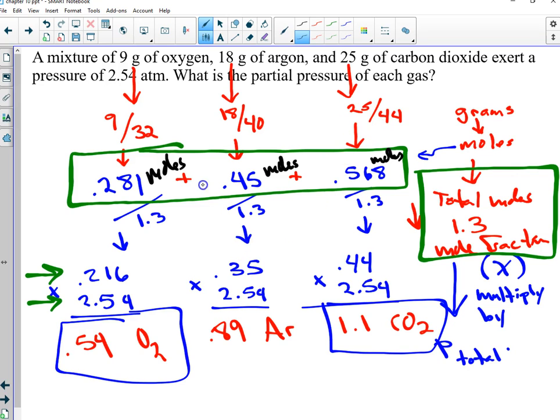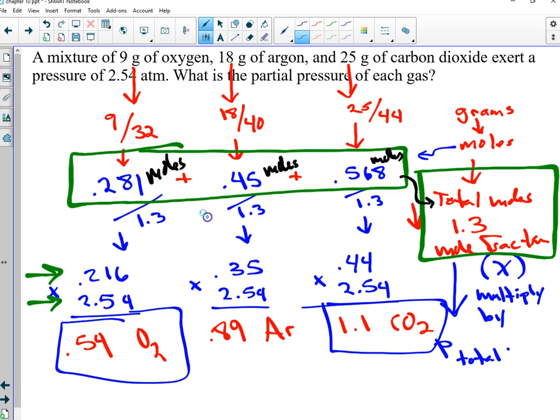Then the next step is I added all 3 values to get the total moles, because my mole fraction is the moles of 1 divided by the total moles. Once I added, I had the denominator. 1.3 was the total, and I had it 3 different times.